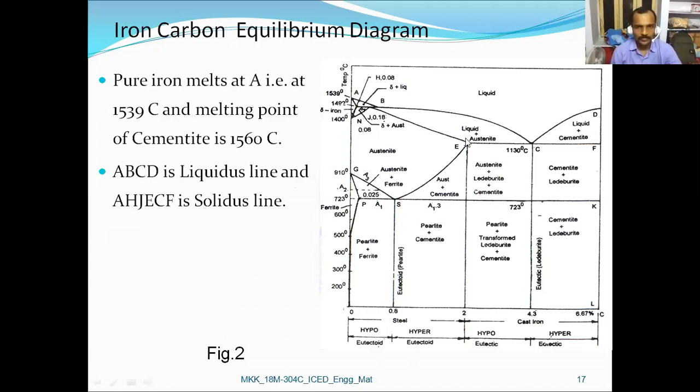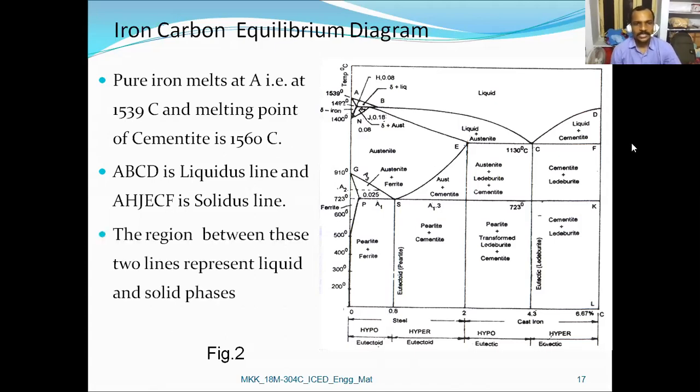So here A, H, J, E, C, F. So this is a solidus line. The region between these two lines represents liquid and solid phases.